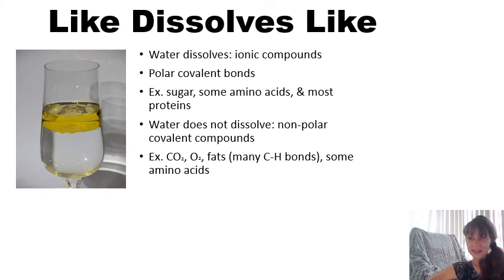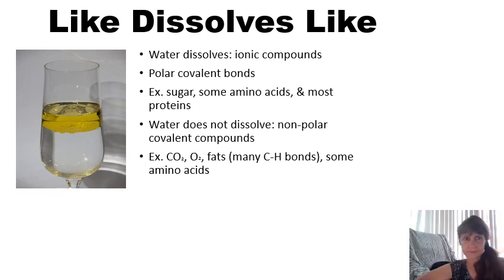Like dissolves like. Water, having polar properties, will dissociate or pull apart ionic compounds. It will also dissociate polar covalent bonds. So the bonds found in sugar and some amino acids, most proteins. Because of the polarity of water, it can easily affect and dissociate ionic bonds as well as polar covalent bonds.